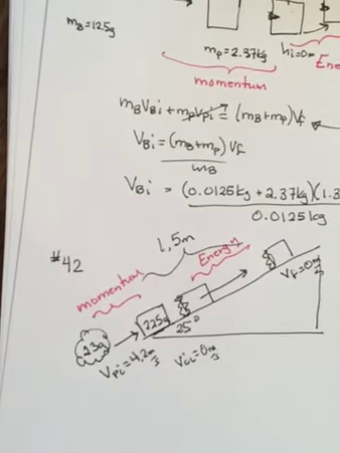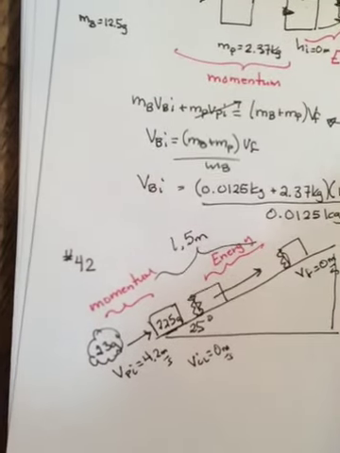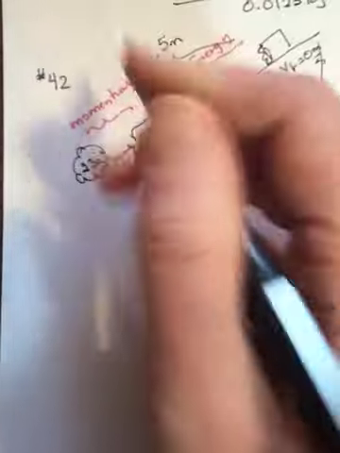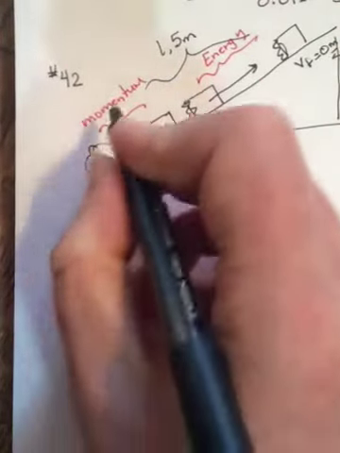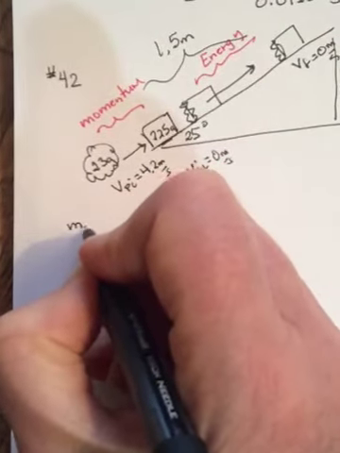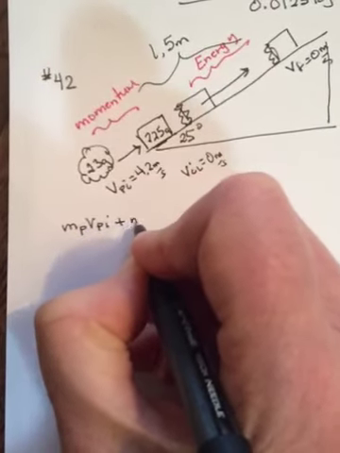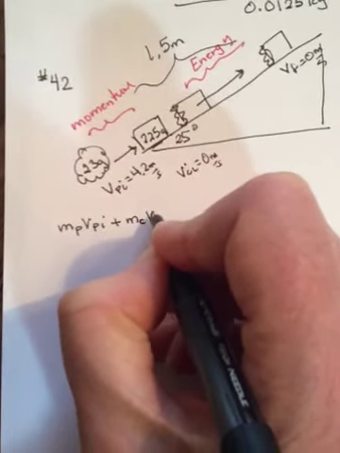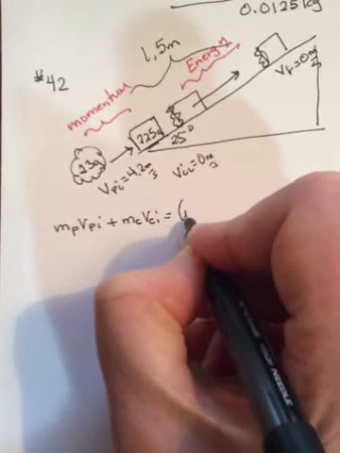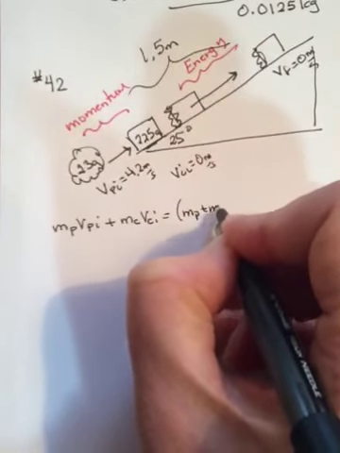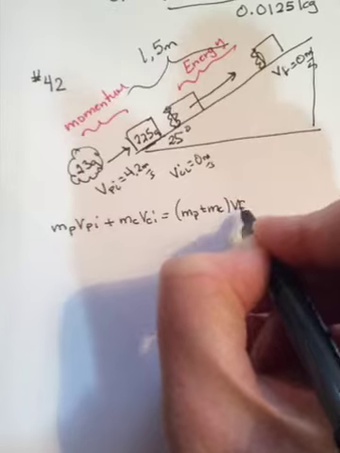This time they give us the initial velocity, so I'm pretty sure we're safe to start with it. So we can start with momentum: m of the putty, v of the putty initial, plus m of the cart, v of the cart initial, will equal m of the putty plus m of the cart, v final.